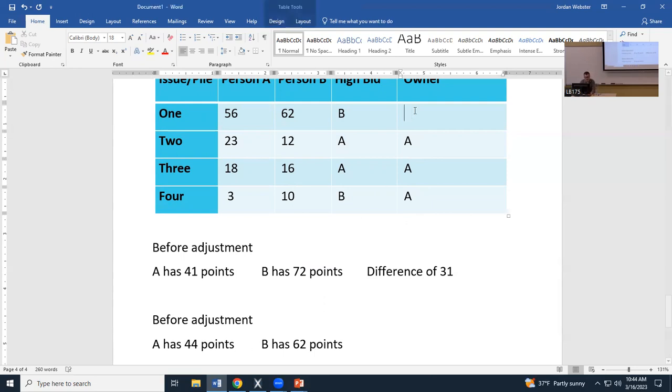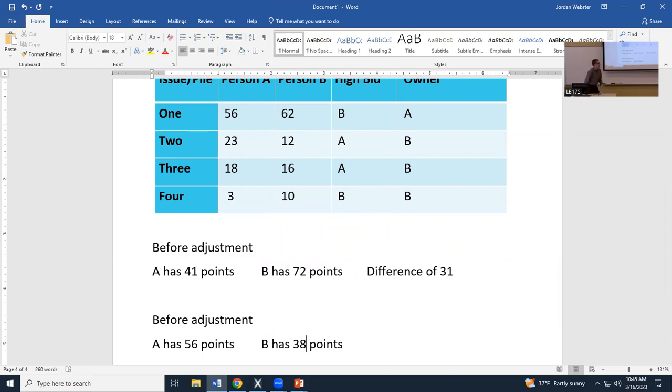If, however, I reverse it, I say, well, let's try to put A getting pile 1 and B getting all the other piles. Well, then A has 56 points in that case. But if you look at B, B would only have 38 points. So B doesn't get their fair share, right?